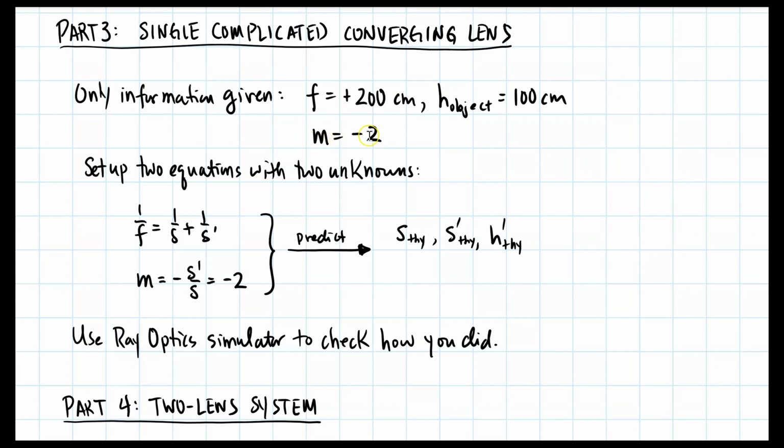In other words, if it has a magnification of -2, that means that the object that starts off at 100 centimeters should have an image that's 200 centimeters. See if your calculations actually show that.